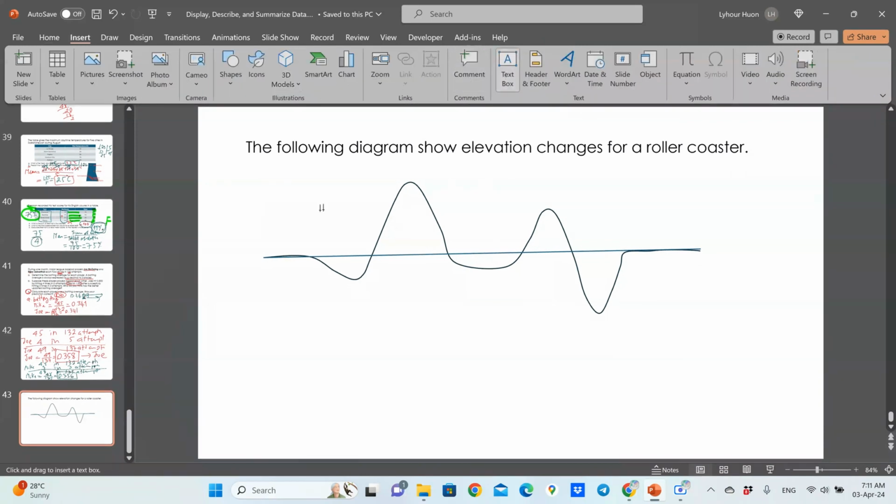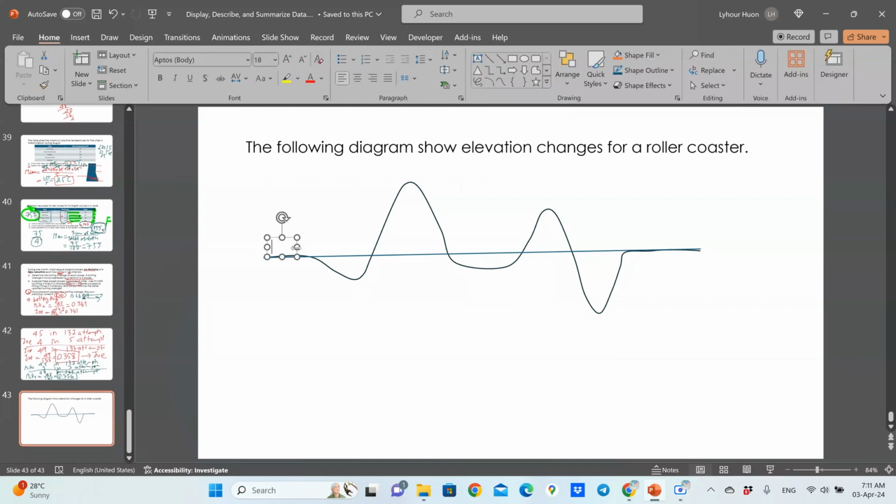Okay, take a little time. Here is the starting point, starting point 0 meter.